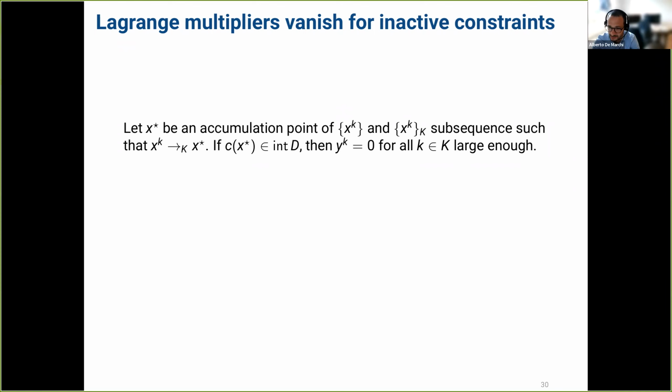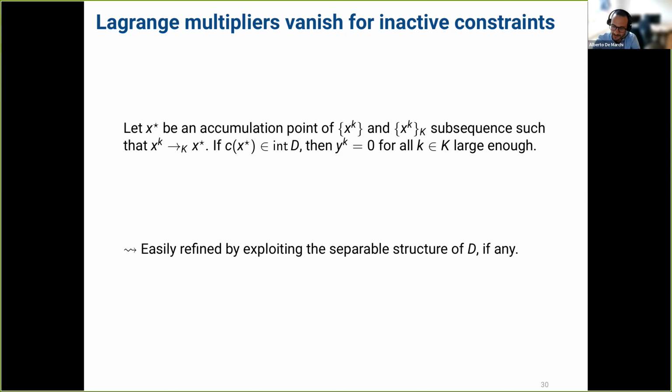That makes sense also in the standard augmented Lagrangian. This result is quite weak due to the possibly complicated structure of the set D. But if D is separable, say a hyperbox, then this result can be refined for every single component.